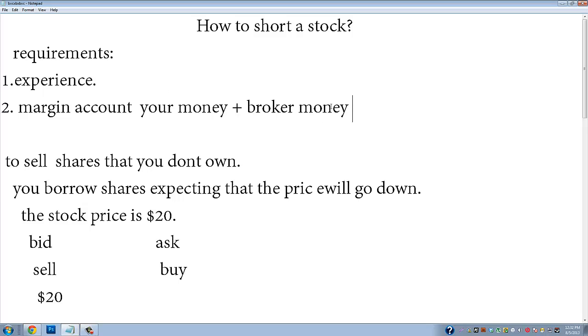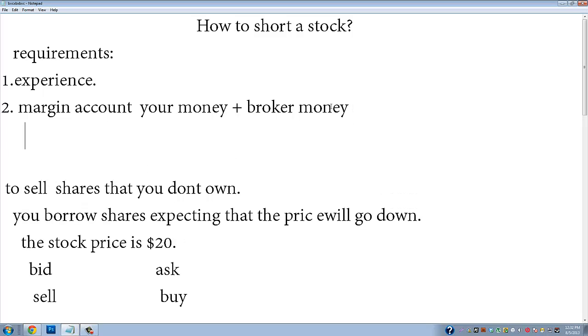For example, suppose that you have $5,000 and you have a cash account. A cash account means you cannot do shorting stocks. It means the broker doesn't give you his money, so you don't borrow any money from the broker.